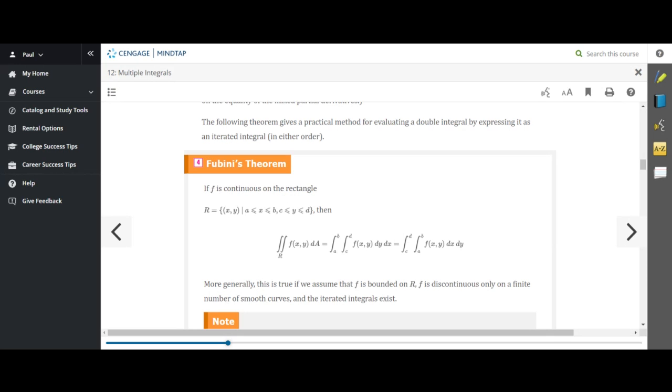In other words, you can switch the order of integration. That's what Fubini's theorem is.